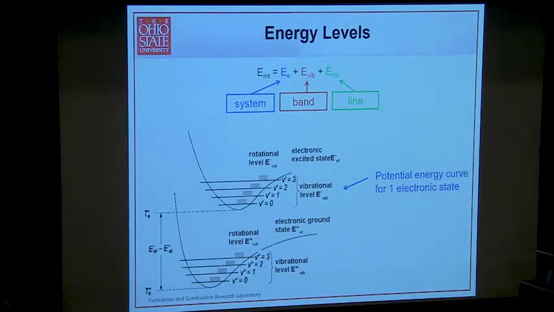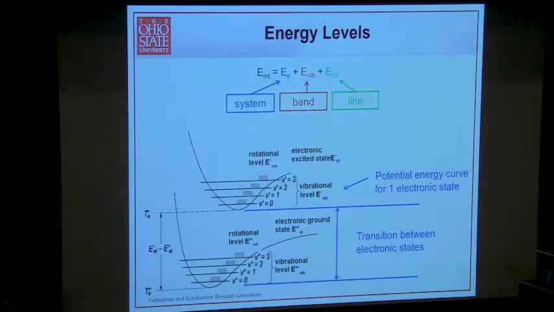So this is a potential energy curve for one electronic state. You can see we're going to have the ground state, and we'll talk about each one of these. And then we're showing the first electronic excited state. You can have multiple electronic excited states. Okay? So within here, we can have a transition between electronic states.